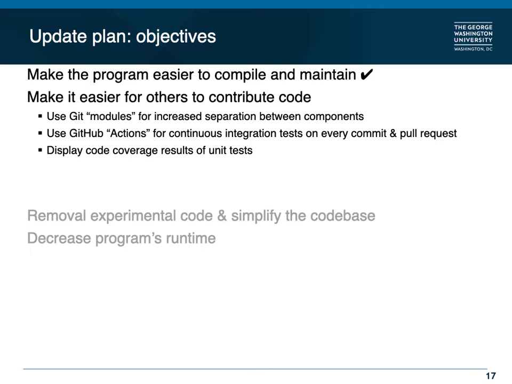I've mentioned a few times that this is on GitHub. I also wanted to make it easier for others to contribute code. Bulk extractor uses Git modules for increased separation between components, and I use GitHub Actions, which are programs that run every time there's a commit, to perform the continuous integration tests on every commit or pull request.